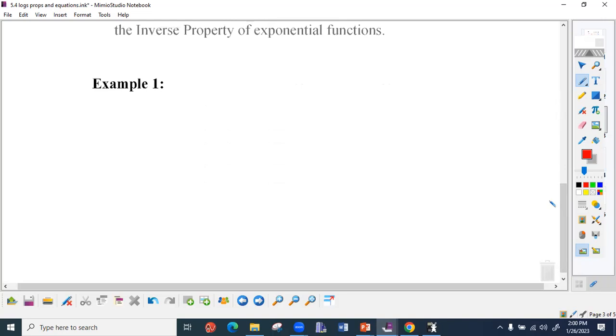Our first example, we're going to do in two parts. So if you could split your example one, we're going to do example A. For example A, we're going to do log base 8 of x equals 1/3, and we want to solve for x. Using our properties above, we can use our inverse property.